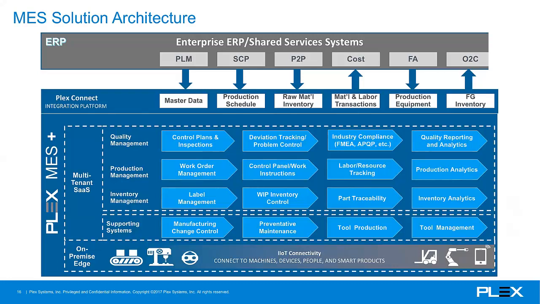This is the mechanism for Plex MES to communicate critical business information to and from business applications that typically live out in the ERP layer. Inside the Plex MES solution, you see a footprint with 3 pillars highlighting the strengths within production, inventory, and quality management.